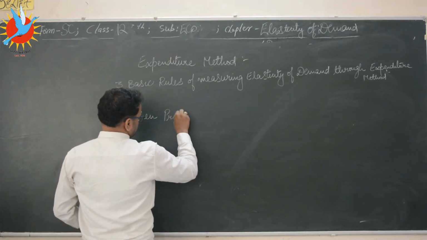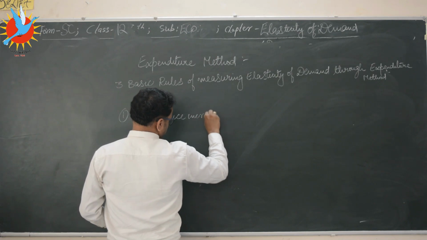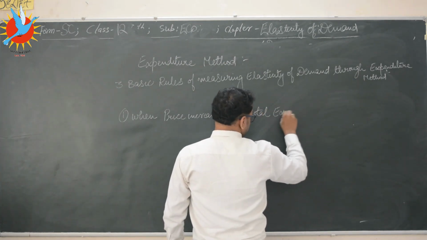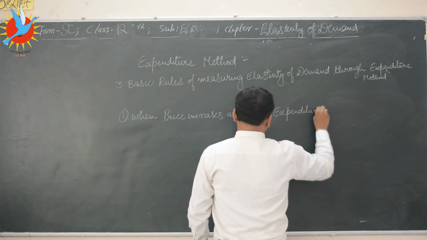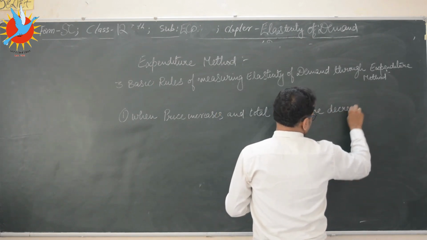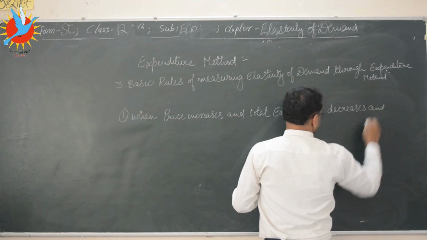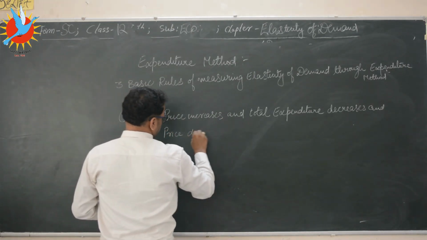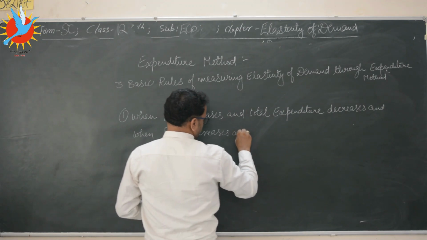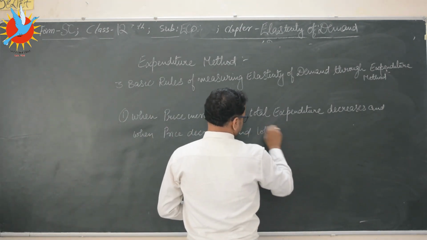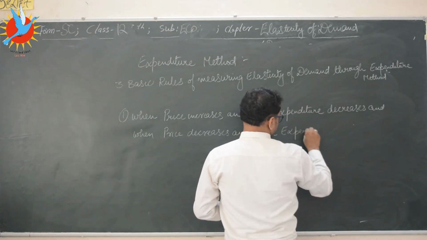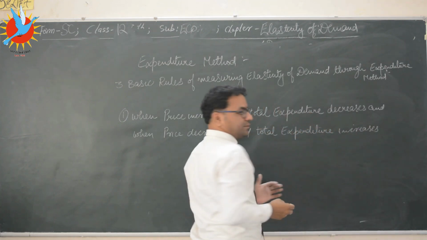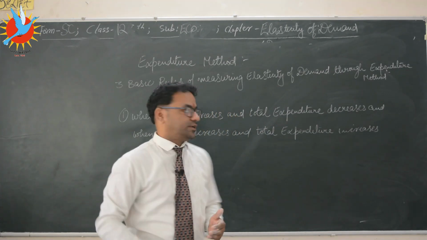When price increases and total expenditure decreases, and when price decreases and total expenditure increases, means price and total expenditure have inverse relationship.